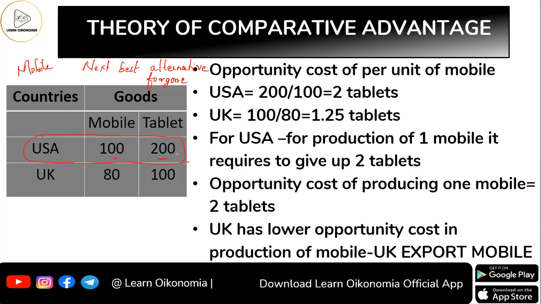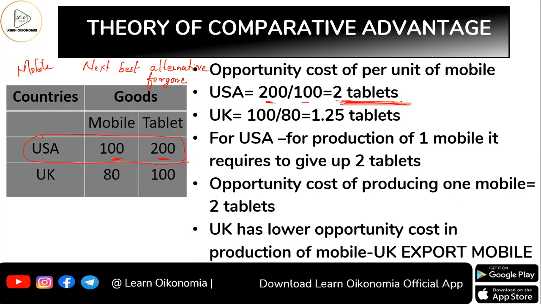So the opportunity cost per unit of mobile phone is equal to 200 divided by 100. 200 divided by 100, you will be getting 2 tablets. That means for the production of one mobile phone, USA would be required to sacrifice 2 tablets. So the opportunity cost of producing one mobile phone here is 2 tablets.